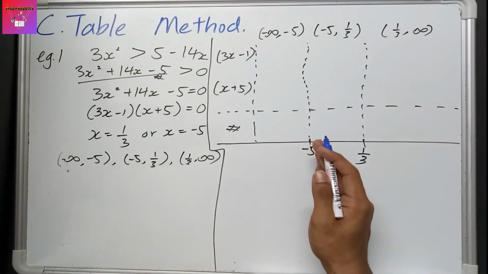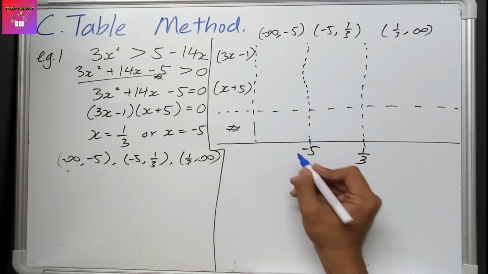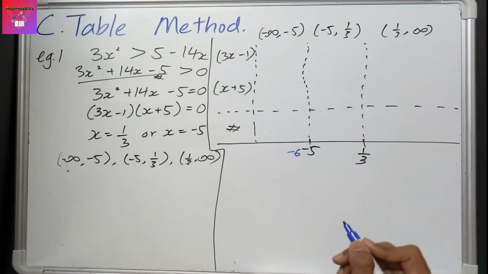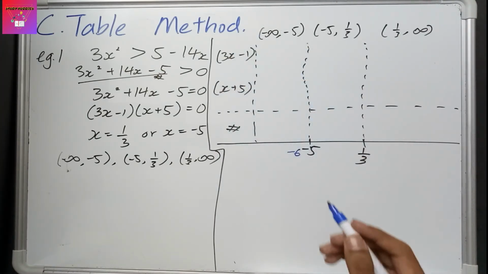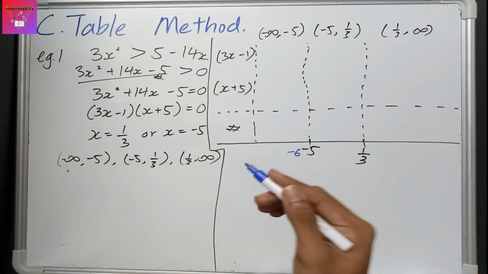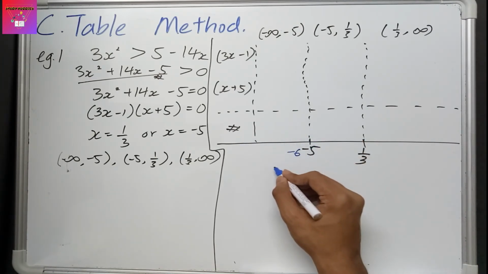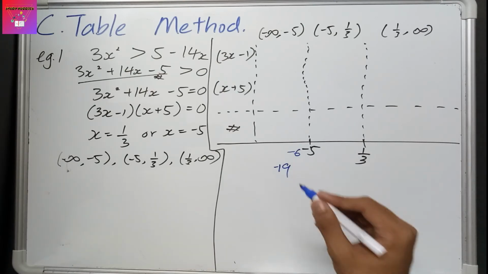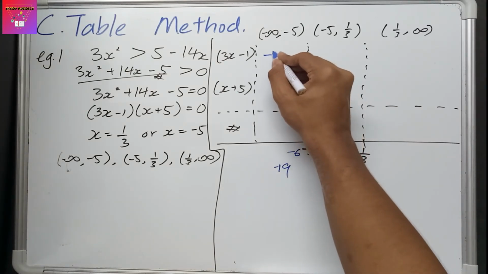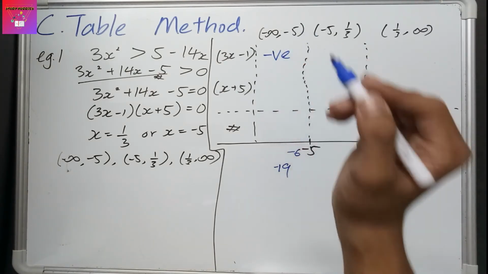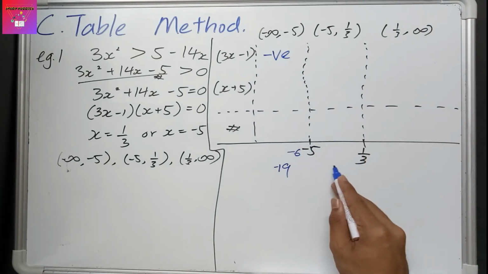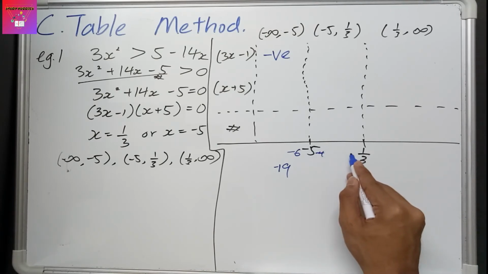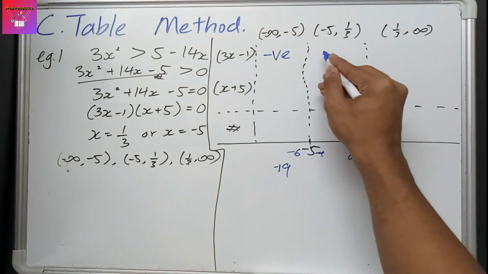So let's start. So for negative 5, a number before negative 5 which I consider is negative 6. So once we substitute negative 6 inside this thing, it's going to be negative 6 times 3, which is negative 18, minus 1, we'll get negative 19. So if it's a negative 19, it means that the answer in this range is going to be a negative. So for our next part, I can either choose negative 4 or I can choose 0, but logically I just prefer 0.